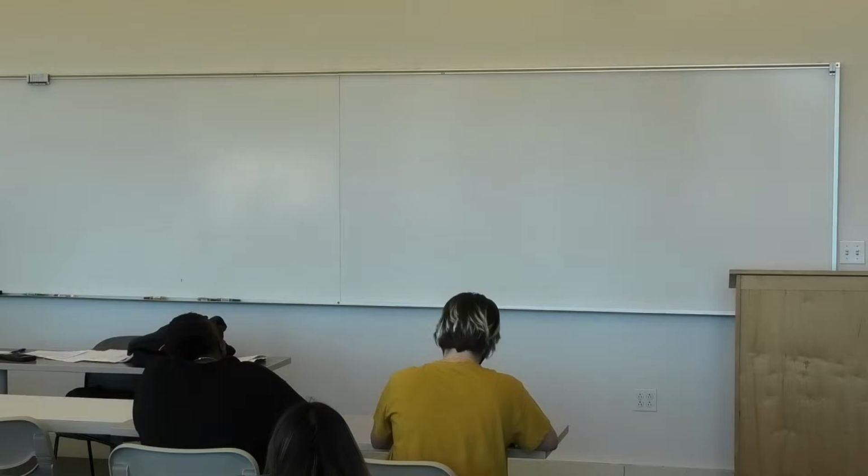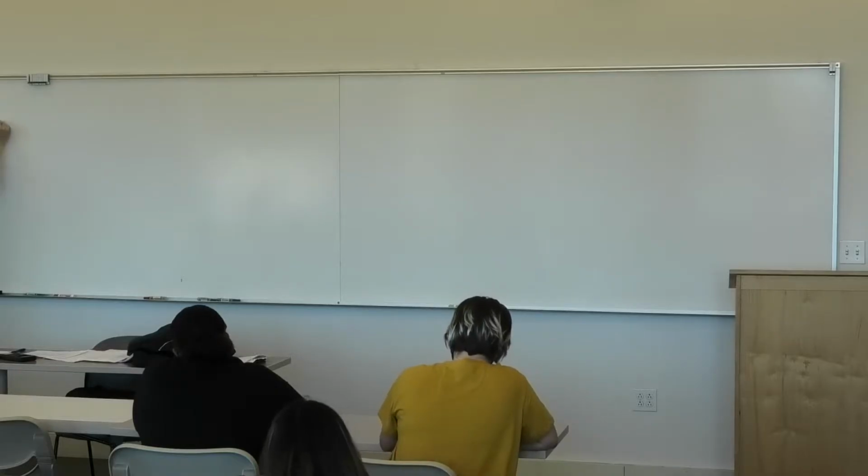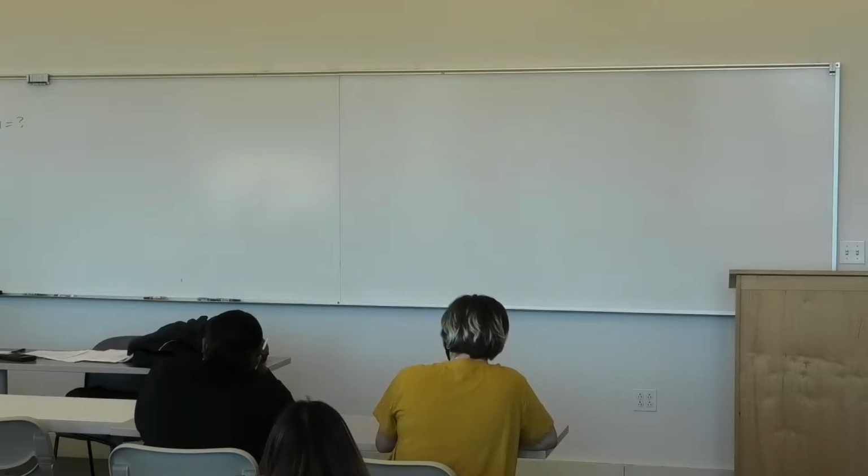So the limit as x approaches 1 of x cubed plus x squared minus x plus 1 equals what? This is a polynomial function. Polynomial functions are continuous everywhere, along with a lot of other functions we've talked about.